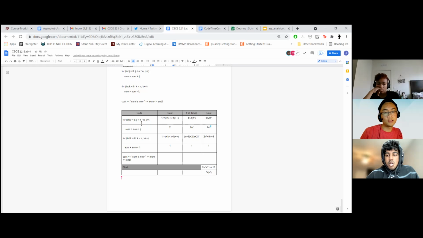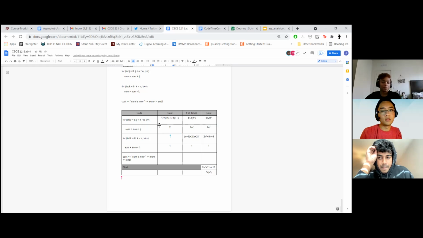And then for this, this is a different loop. So that's gonna be n. And then we're just gonna copy what we did for the first problem. So I'll go up there and copy it.